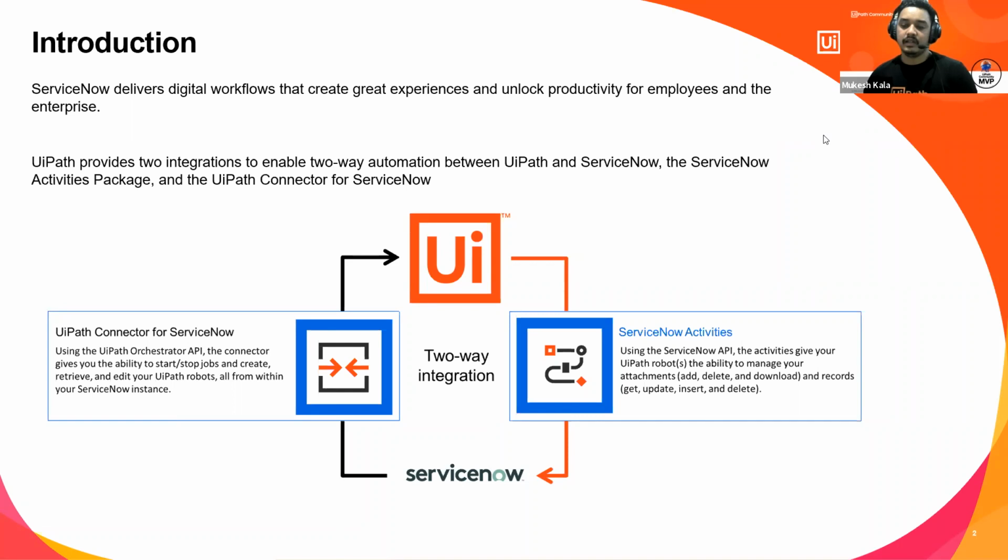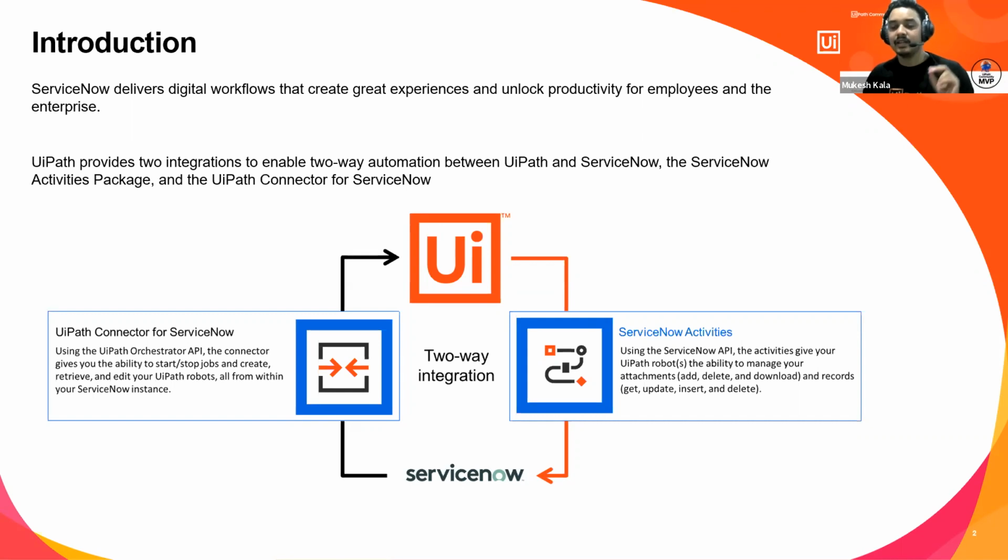So if I have 30 robots, 40 robots, 50 robots, I cannot just keep somebody sitting monitoring the orchestrator, an incident is happening, going to ServiceNow, creating the incidents. So that is where this integration comes into the picture, which simply means: how exactly can I integrate UiPath with ServiceNow? Now, this slide talks about UiPath being integrated to ServiceNow in two ways.